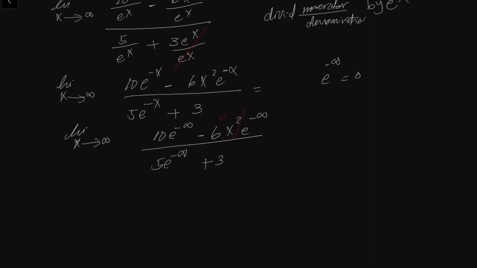We know all of these terms are 0, so we end up with 0 over 3, which is 0. So the limit as x approaches infinity is 0. And that's the answer for this one.